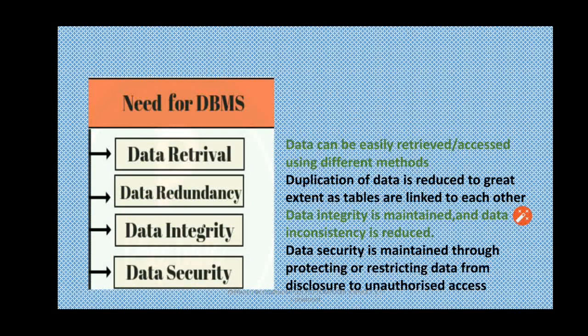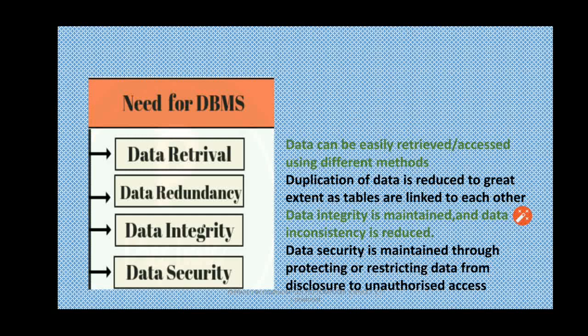The third one is data integrity. Whenever we reduce duplication of data, a particular piece of information is stored in a single table only. Otherwise there are chances of having different copies of a particular information with different values, and that chance is reduced here.